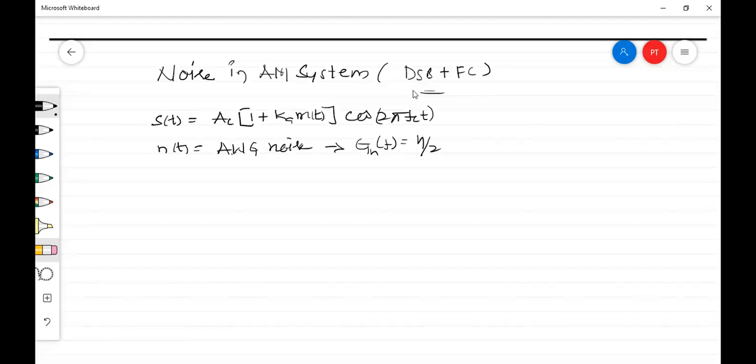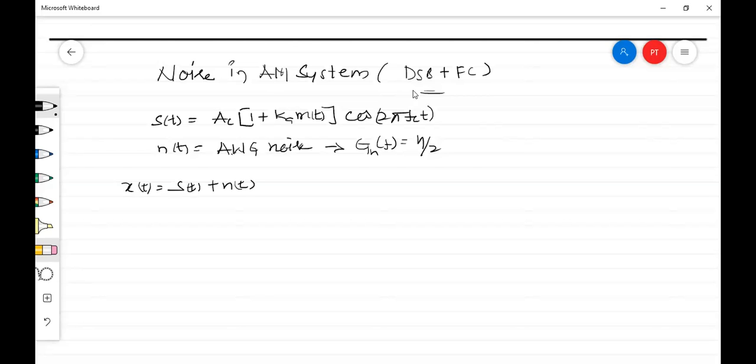So therefore, at the front end of the receiver, the signal is given by x of t, the sum of these two, because that's what you actually assumed, noise is AWGN. AWGN means additive white Gaussian. Okay, additive means the noise is simply added to the signal to know its effect. That's why the sum of these two components S of t and N of t. So this is what we are giving as an input to the receiver.